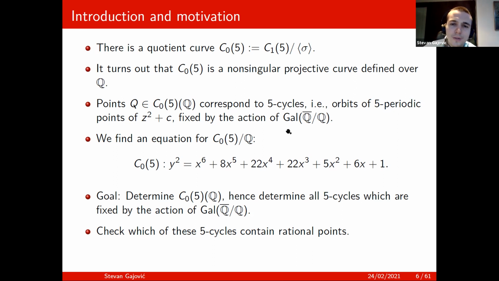It is fixed by the action of the Galois group of Q, but it doesn't have to imply that points corresponding to 5-cycles are pointwise rational. And we will see this again when we talk about symmetric powers of curves.